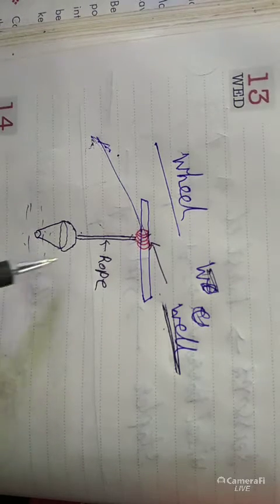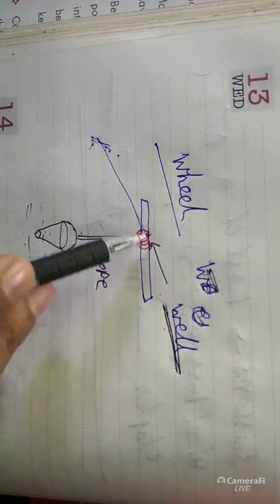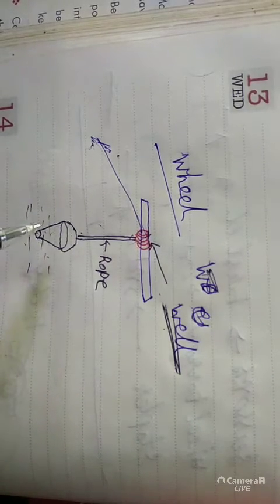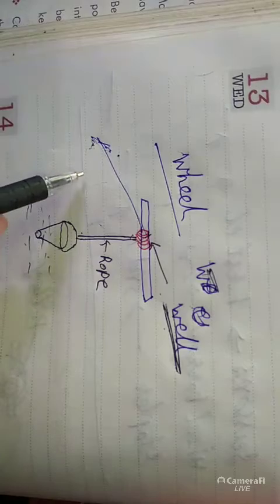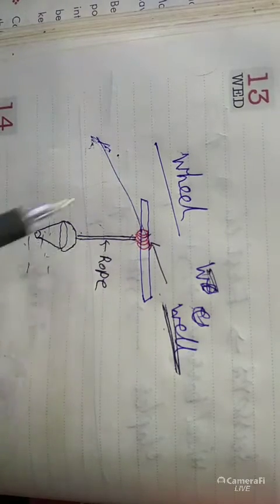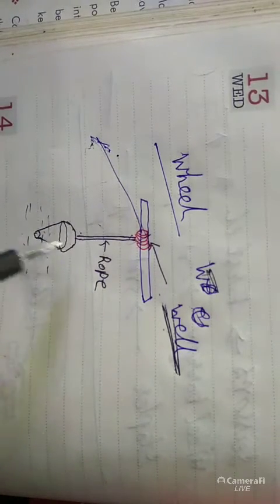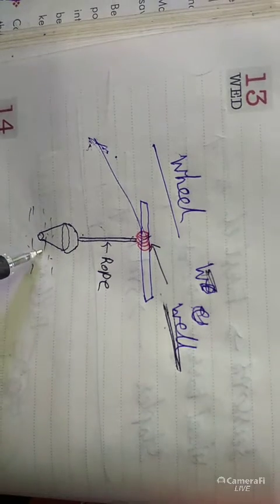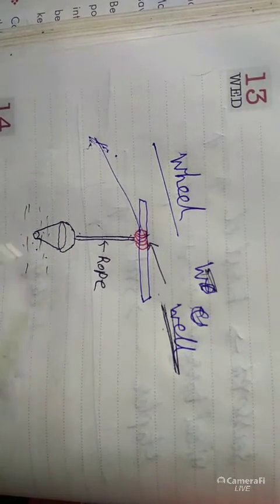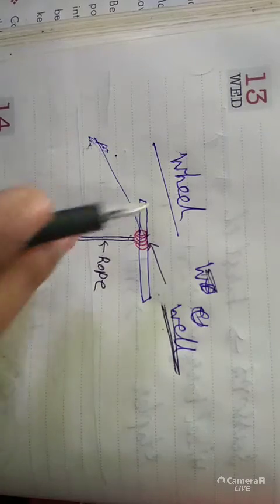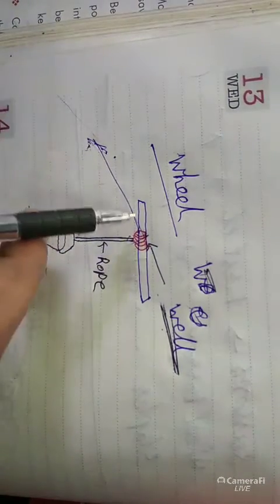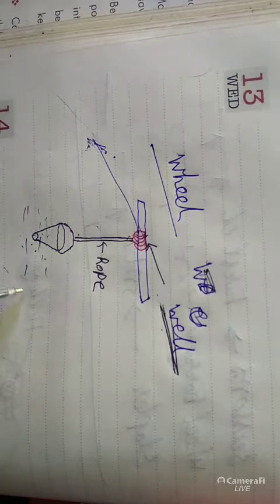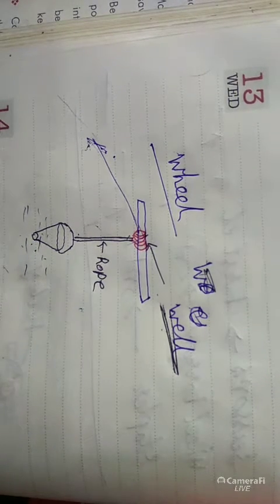Let's think it is easy to collect the water. One side we hold and on the other side, if the wheel rotates, the bucket will go down and collect water. This bucket is full of water. Then when we pull the rope, you can easily draw water from the soil.